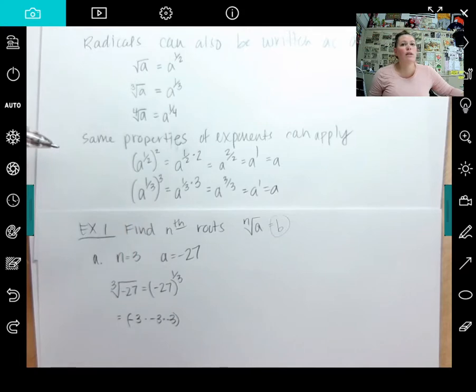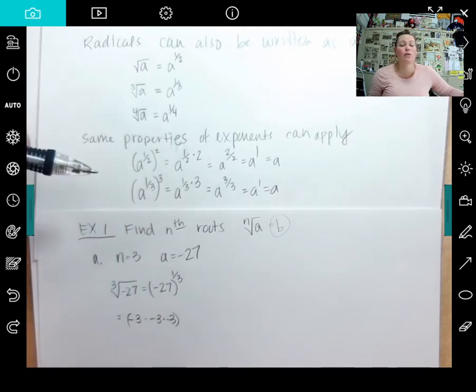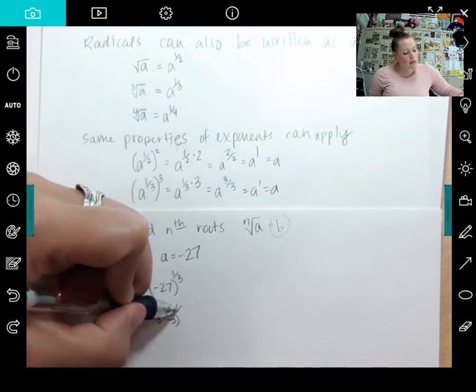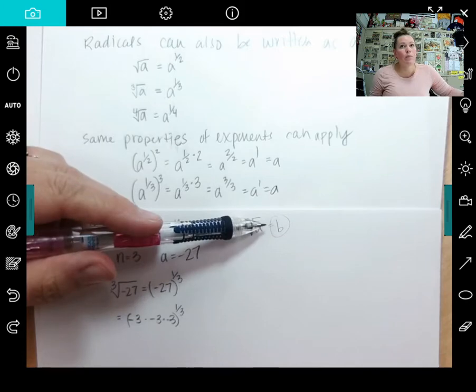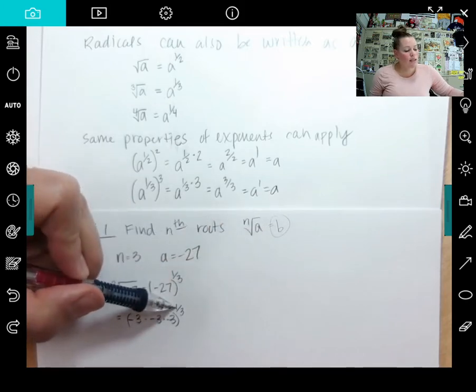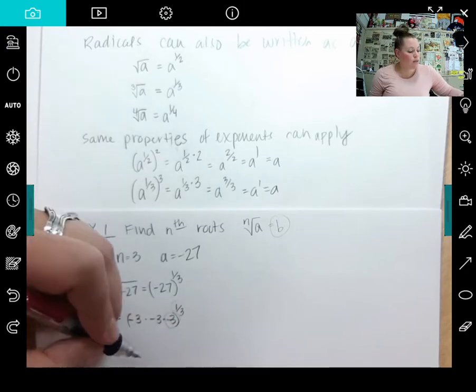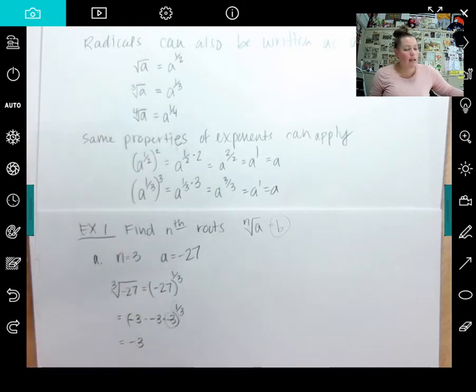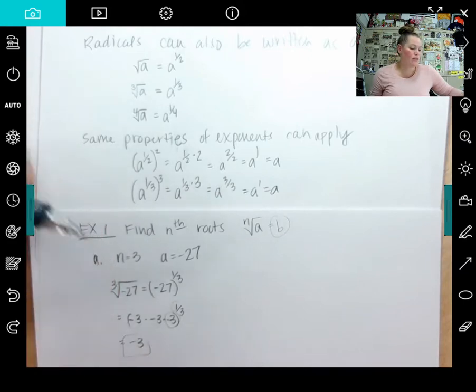That's the only number that can be multiplied by itself 3 times to give us an answer of negative 27. So that's to the 1/3 power. Now to actually solve for what b equals, we take one of those. So we just take one of those values, and now we get an answer of negative 3.